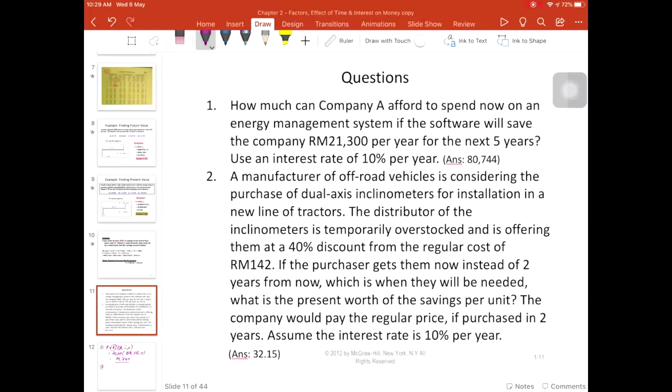If the purchaser gets them now instead of 2 years from now, which is when they will be needed, what is the present worth of the saving per unit? The company will pay the regular price if purchased in 2 years. Assume the interest rate is 10% per year.